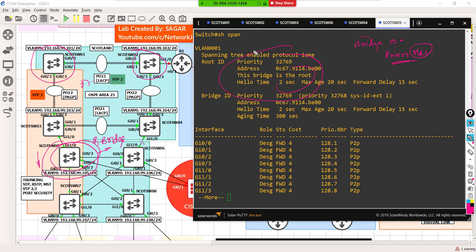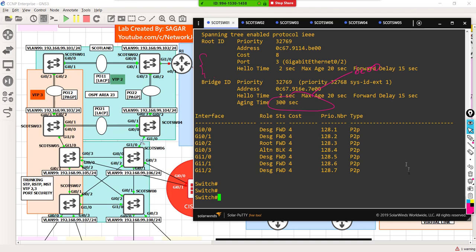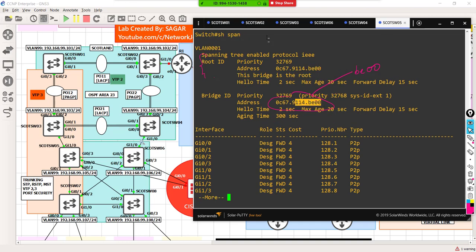And if we double check, we can see that on all other switches the root ID will be pointing to this MAC address, this BE00. Okay, so let's check. If you see this BE00, that's nothing but the MAC address of this switch.